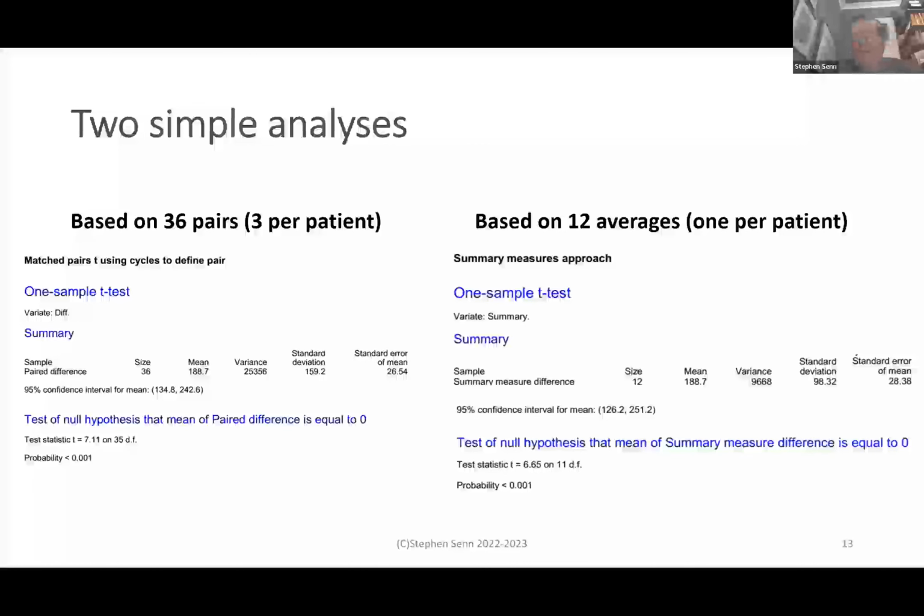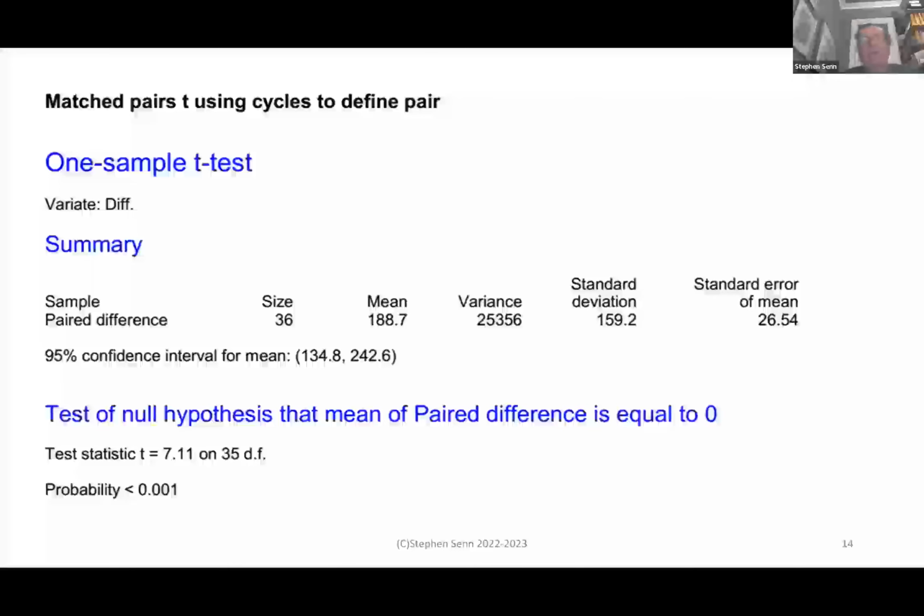So we have 2 simple analyses which we encountered before. I'm just listing them here on the next slide. Next 2 slides, I'll go through them in detail. So the matched pairs t-test using cycles to define pair. This is an analysis in GenStat, by the way. So the variate I've called diff. There are 36 values. The mean difference is 188.7. Its variance is 25,356. And that leads to a standard deviation of 159.2.